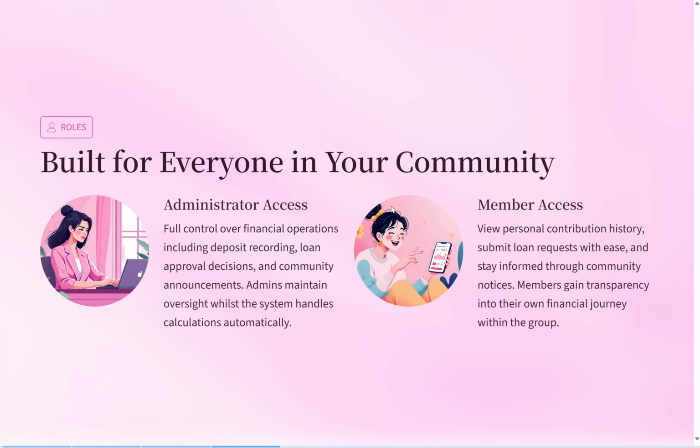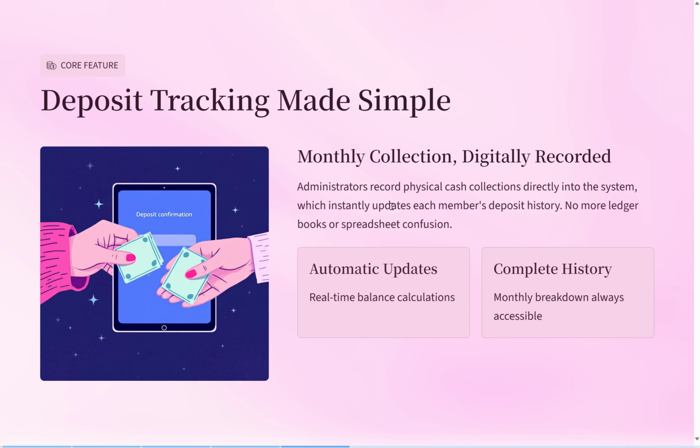And it is built for everyone in your community. So what have we implemented in this application? First, there is role based access control. We have divided the roles into admin and member. Admin has the sole authority and the members are the users.